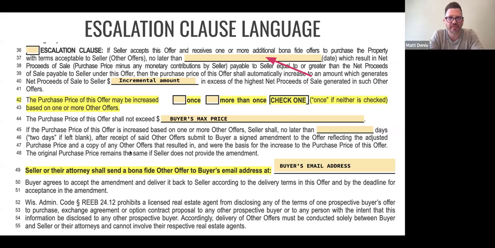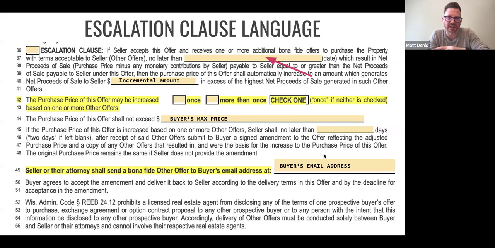So you would accept it, and then the listing agent is communicating to the buyer's agent, yep, you did get bumped. The seller will email the other offer to show that they're going to get bumped, and then I'm going to send over an amendment with that price increased up to X.